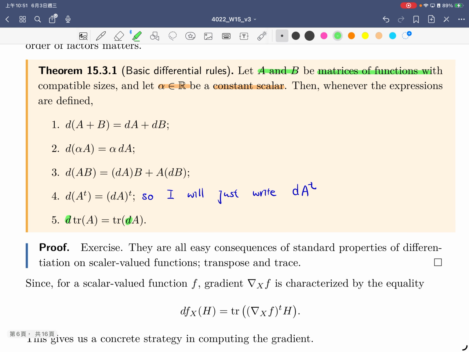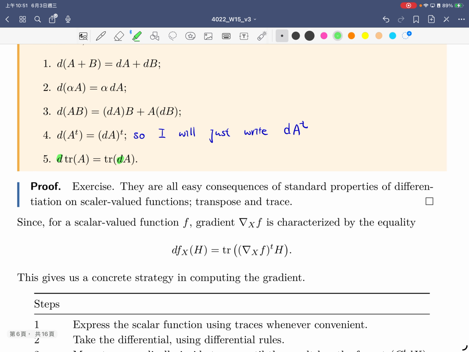So I'm going to show you a few examples, but before I show you some examples, this is the fundamental equation, okay? That is about the relation between derivative and gradient. And then in differential notation, that will be given by df equal to the trace of the transpose of the gradient matrix times dx.